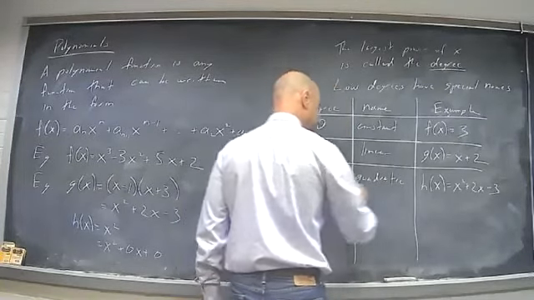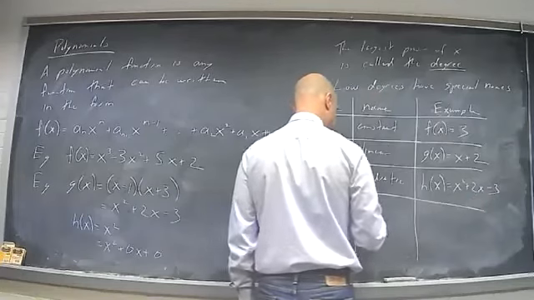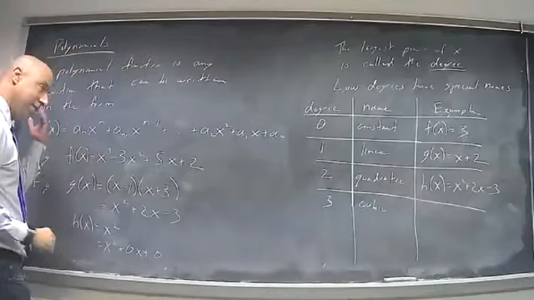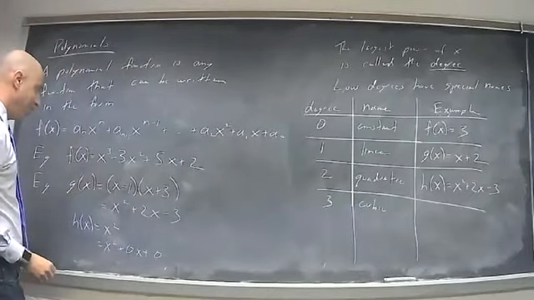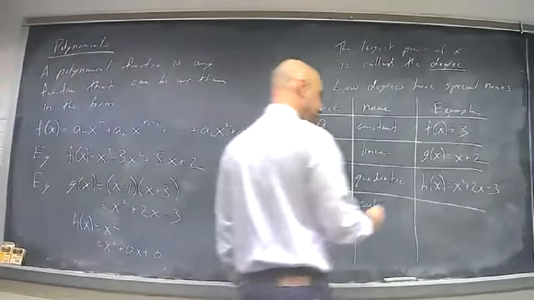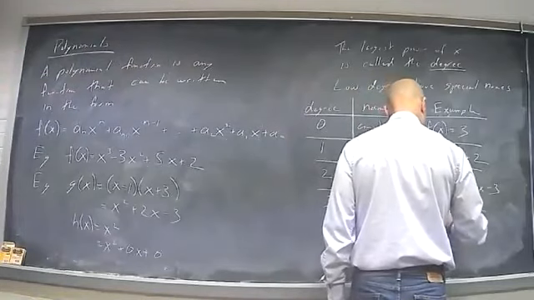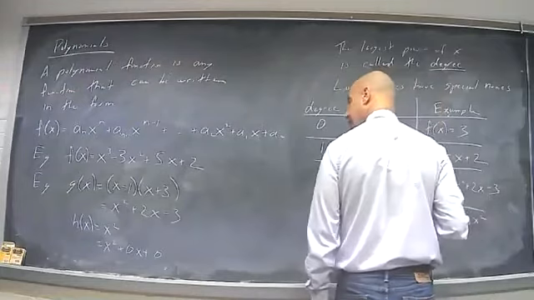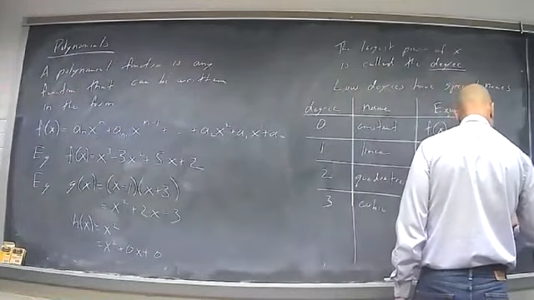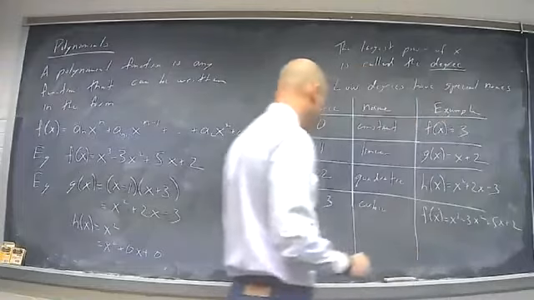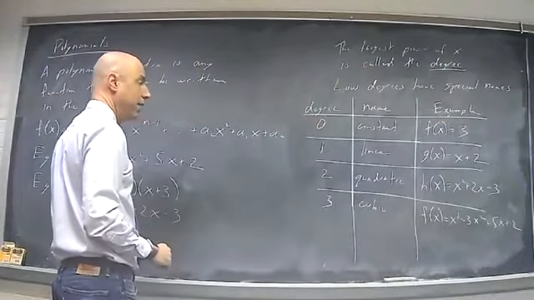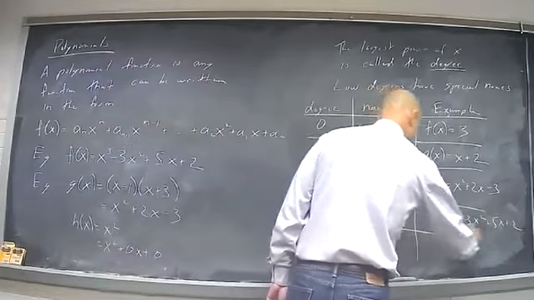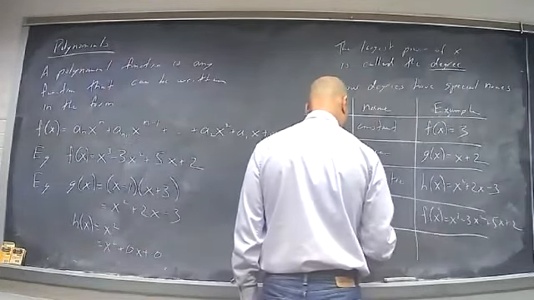Degree 3 polynomials are called cubic. For instance, x cubed minus 3x squared plus 5x plus 2. Degree 4 are called quartic.